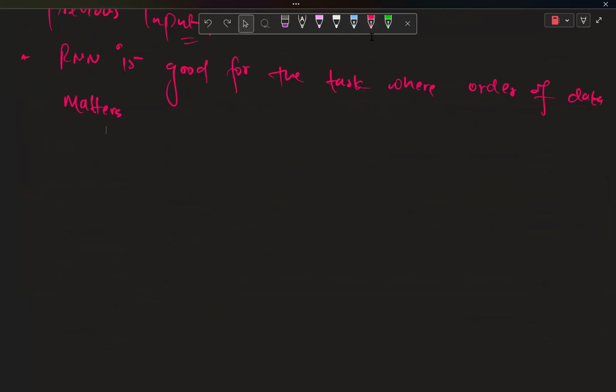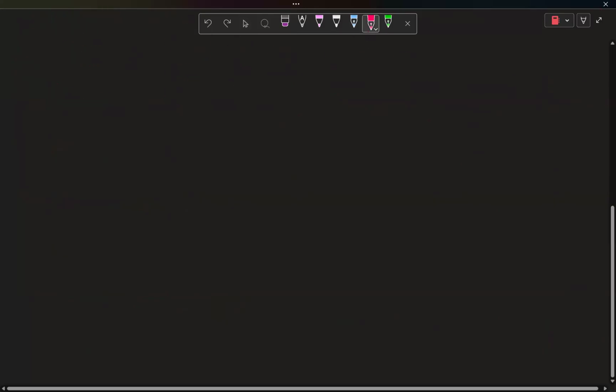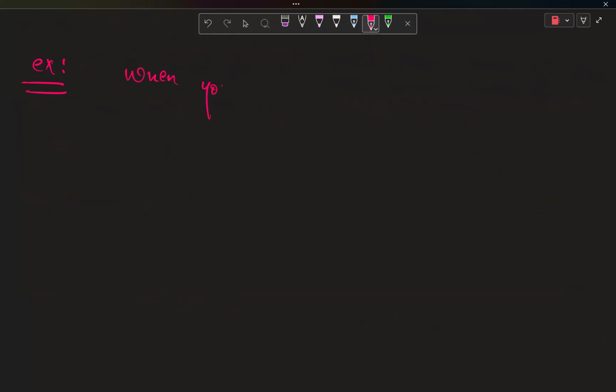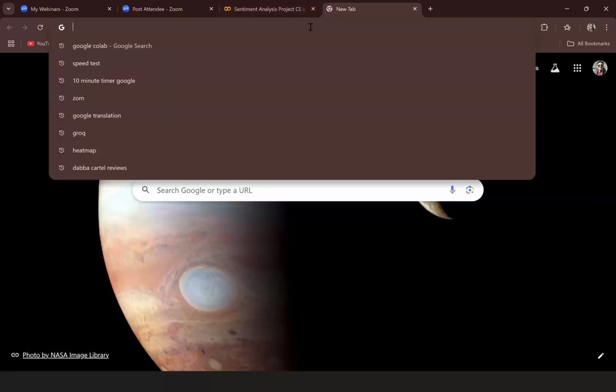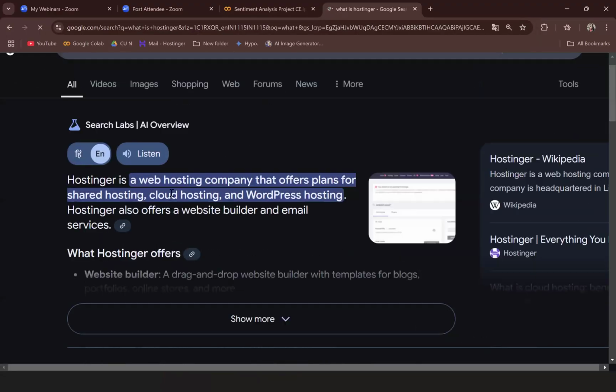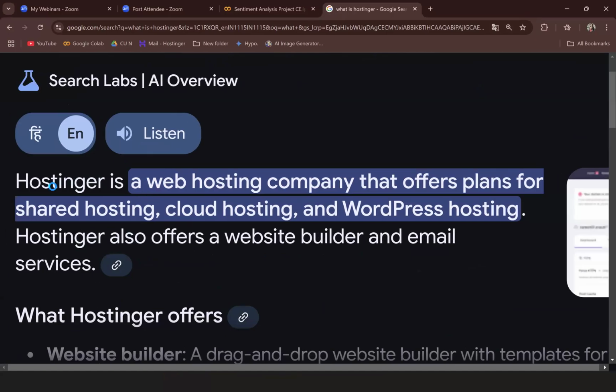How are this memory unit and sequential data helpful for RNN? Let's understand with a few examples. When you are reading a book, after reading the first line, you should remember the context when you read the next line.